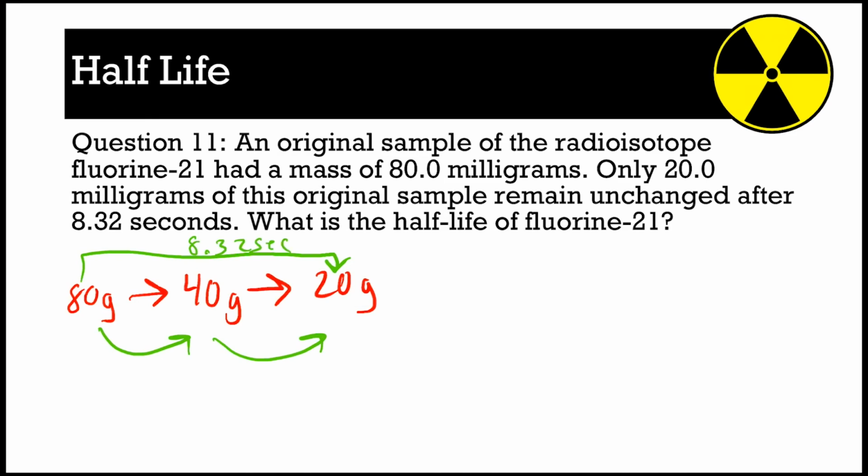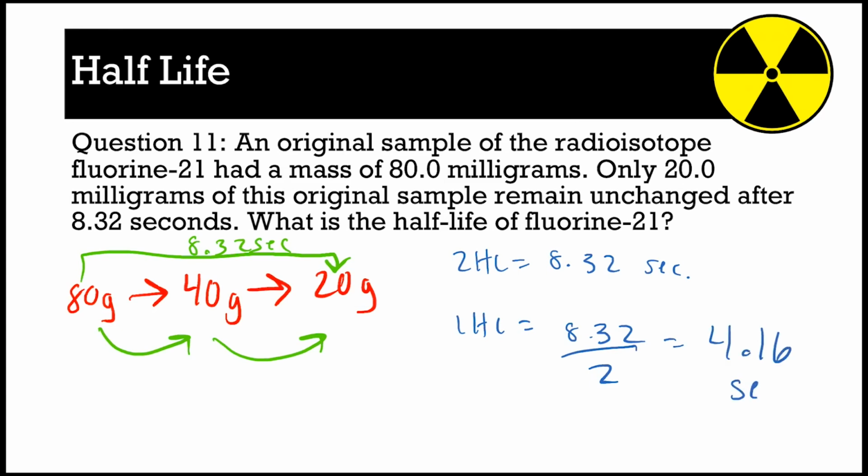So what we know is that 2 half-lives equals 8.32 seconds. 1 half-life is equal to, and then you just take the total time divided by the number of half-lives that occurred, and you get 1 half-life is equal to 4.16 seconds. And that is it.